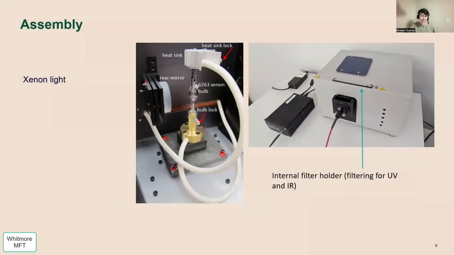This is what the inside of the xenon light looks like, and I'm showing you because sometimes you need to change that bulb. So the bulb does create some heat, and there is a fan in the box, so it does create some noise. But again, I suspect this is much improved with modern iterations. And I also wanted to show you where that internal filter holder was for the UV and IR filtering as well.